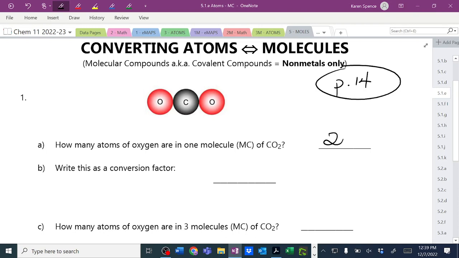But anyway, write this as a conversion factor. How do we do that? We're focusing now. How would we write this as a conversion factor between atoms and molecules?